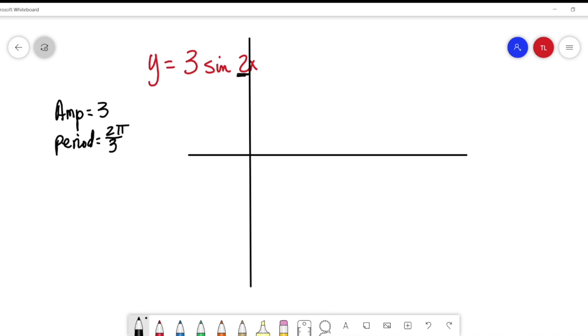You got that? Now, sine graph goes up, comes back down, goes down. That's one sine graph. Now, you got to draw that many of them. 2 of them. Between 0 and what? 2 pi.